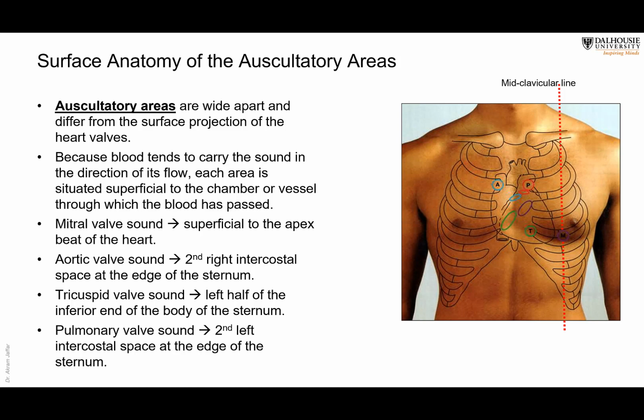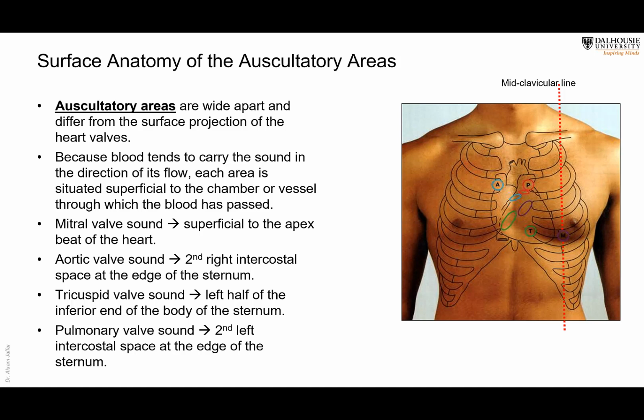And the physics behind it is that the blood tends to carry the sound of the closure of the valve in the direction of blood flow. And these areas are located most superficial to the chamber or the vessel where the sound is carried to.